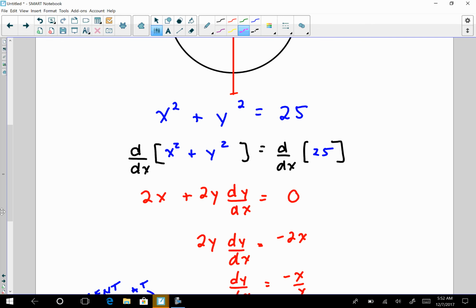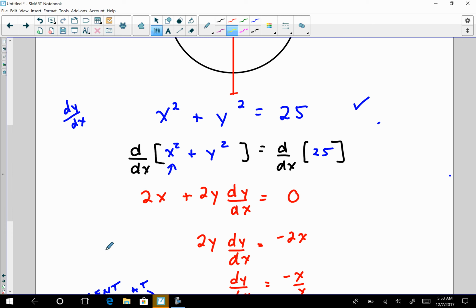So if I start with the equation, x squared plus y squared is equal to 25, my goal is to find dy dx. If I'm going to find dy dx, I'm going to d dx both sides. I'm going to d dx this piece. And since I'm d dxing something in x, I don't have to tag a rate on the end. It's just going to be dx over dx, which turns out to be 1. And we know what the derivative of x squared is with respect to x.